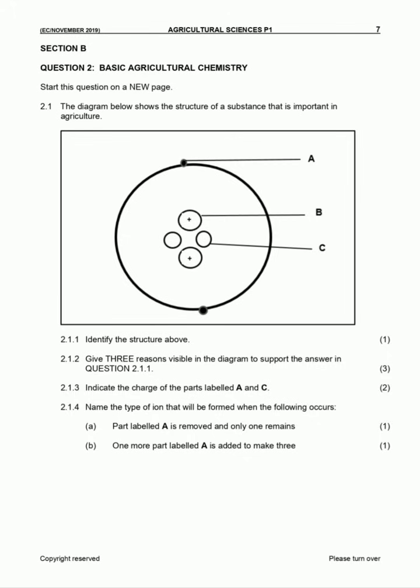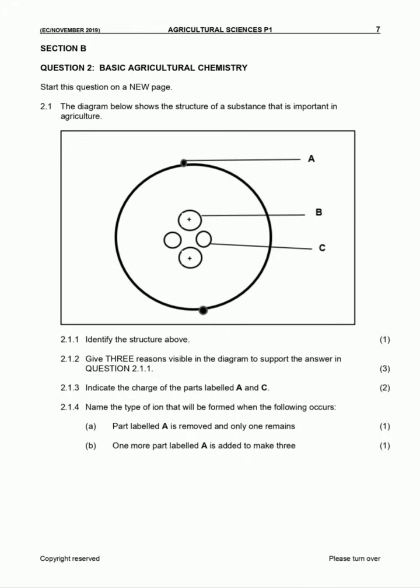Then B, one more part labeled A is added to make 3. Remember we have 3 electrons here. If we add 1 electron, what type of ion will be formed? Obviously it's an anion. But if we look at A, if we remove 1 and only 1 remains, then we are left with the cation.